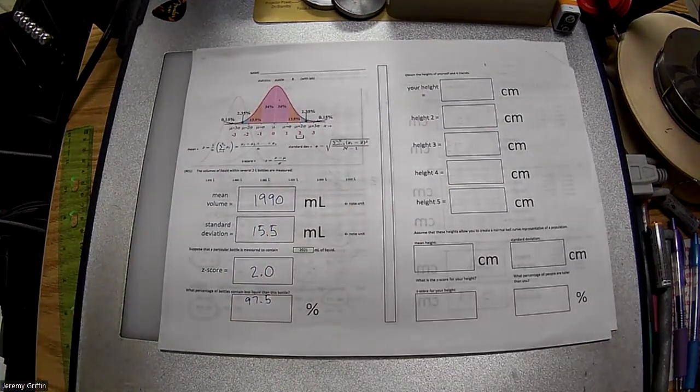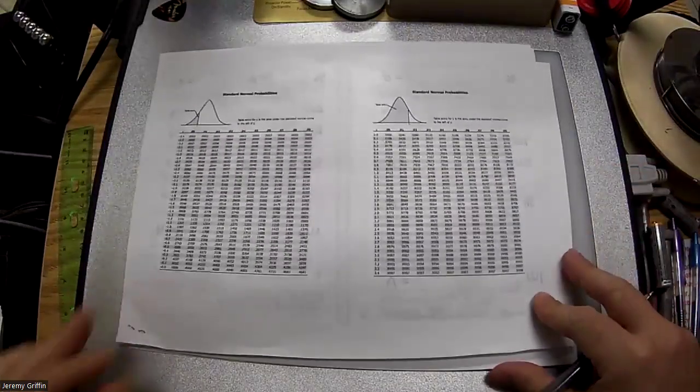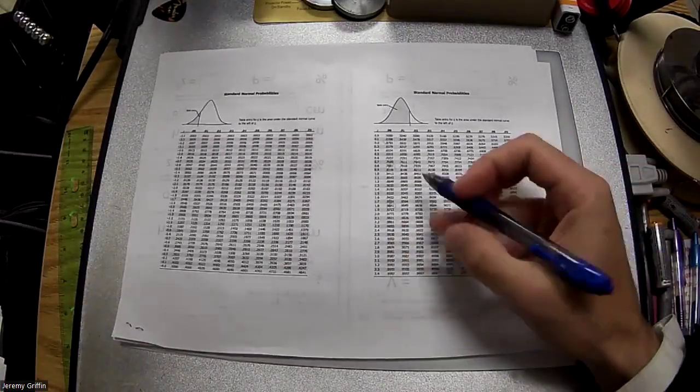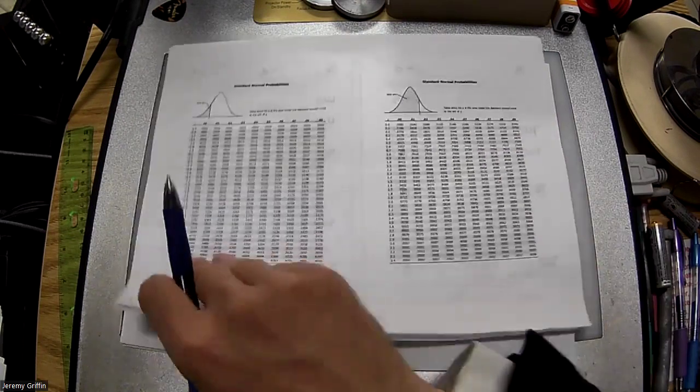Now I left a little space because I also want to check the z table on the back. This should tell me effectively about the same thing. If I have a z-score of 2 on the nose, 2.00, that is 0.977. That's like 97.7%.